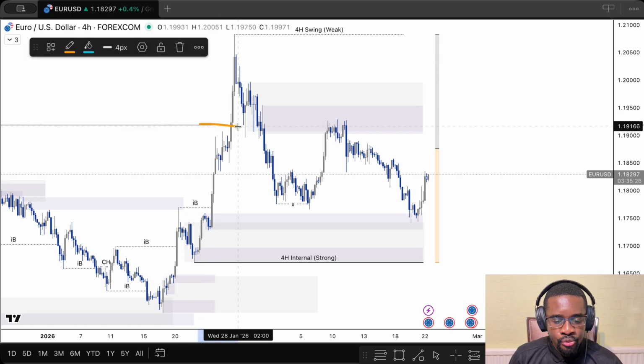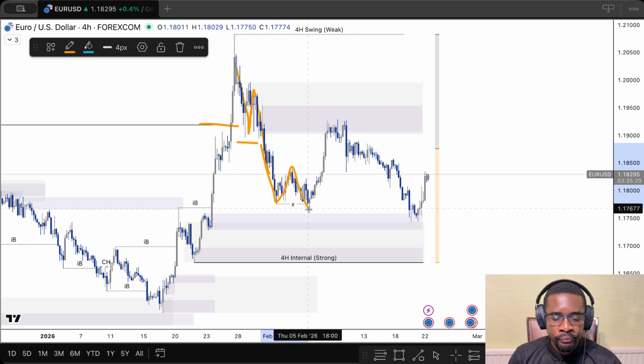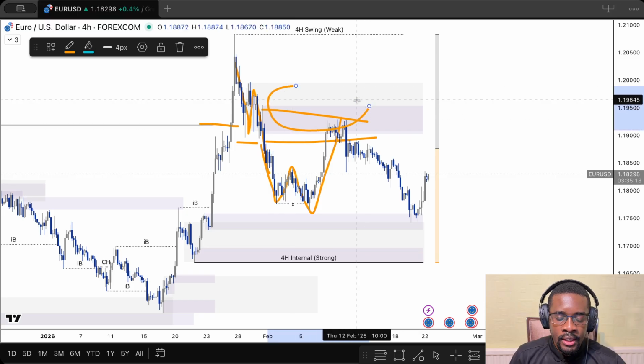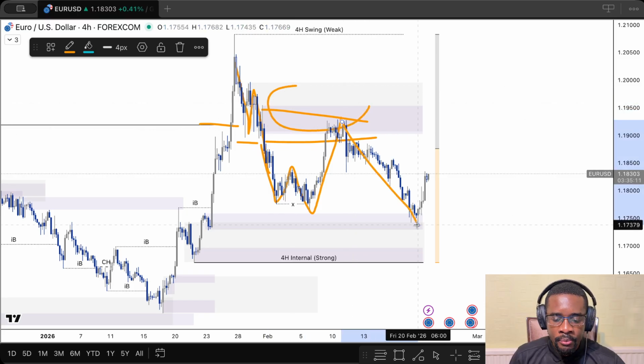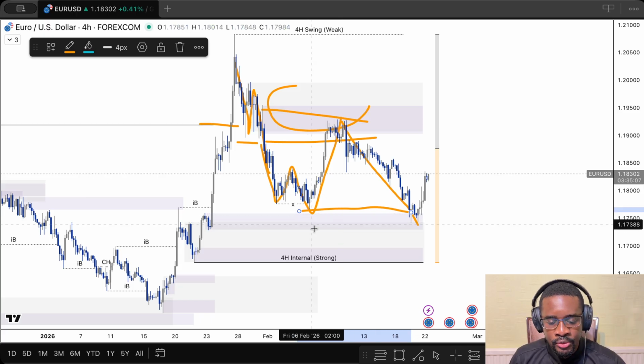After a swing break of structure, we expect a pullback to take place, and price has been in this pullback phase. Then we did have a push up where we went on to mitigate this daily supply, and now we've come back down and broken structure to the downside.